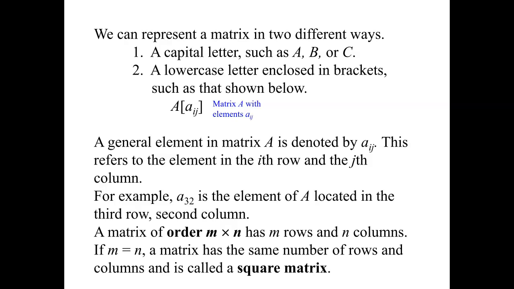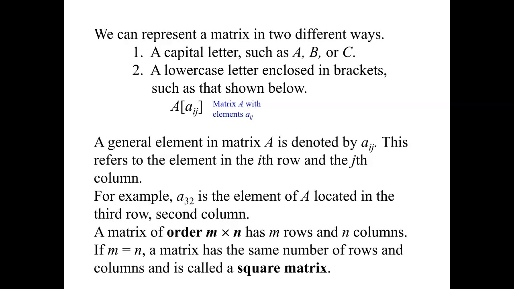The numbers in a matrix are called elements. If we use a lowercase letter in brackets with i and j, it represents all of the elements of that matrix. The lowercase letters represent the elements, and uppercase letters represent the entire matrix.